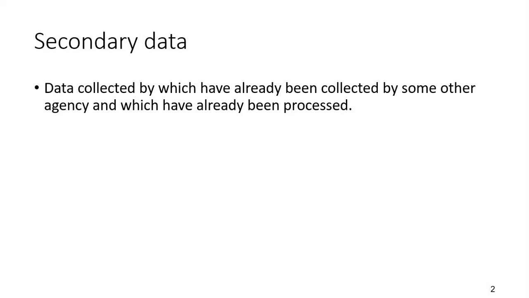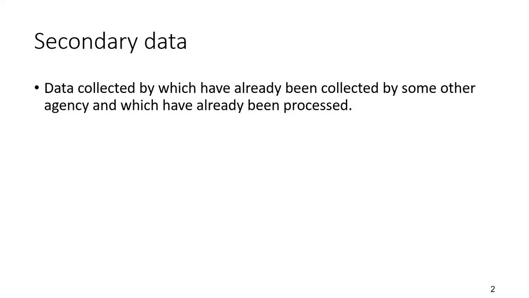Here, two things are very pertinent. One is that it is collected by someone else, and the second thing is that it is processed also by someone else. Maybe those two groups are the same, or they may be different. It may be an individual or an organization doing the collection and the interpretation or analysis done by some other group, or they may be the same group, maybe two different divisions under the same group doing this work.